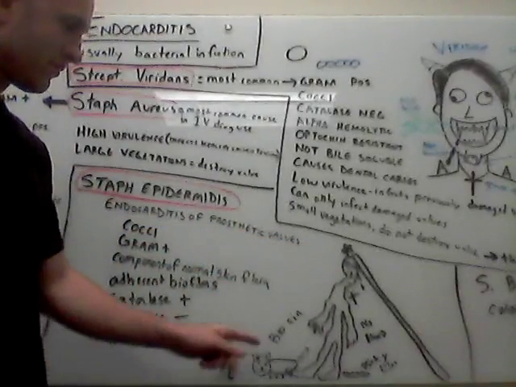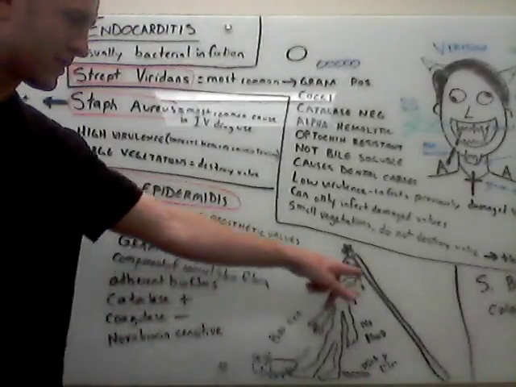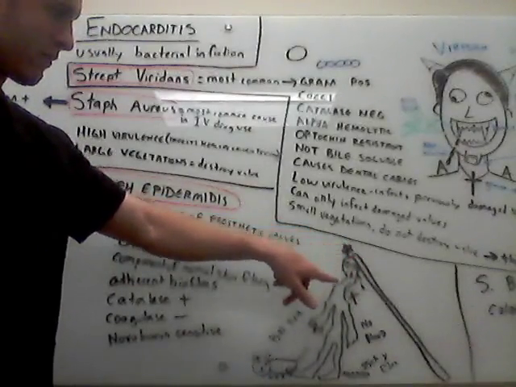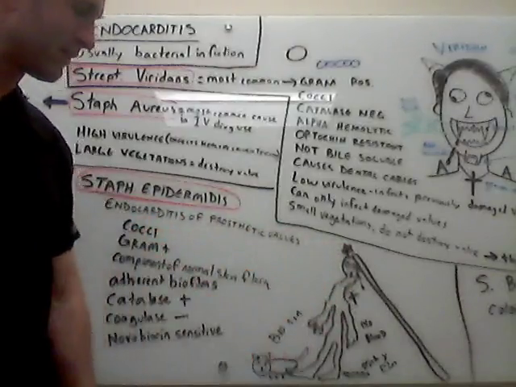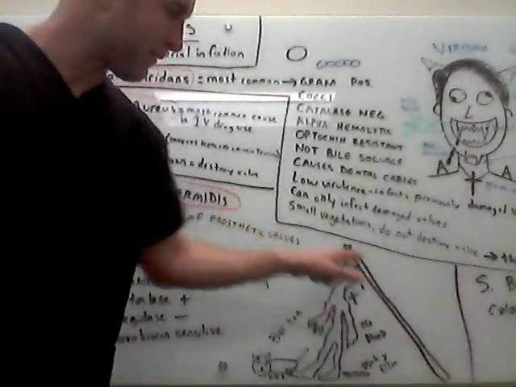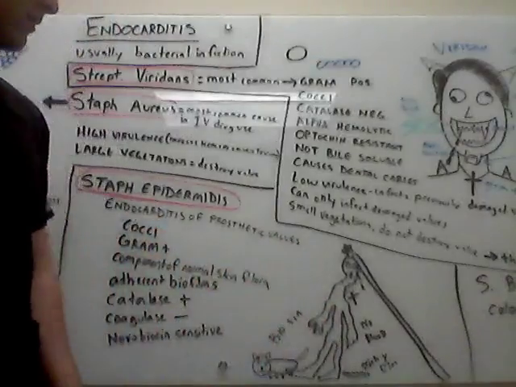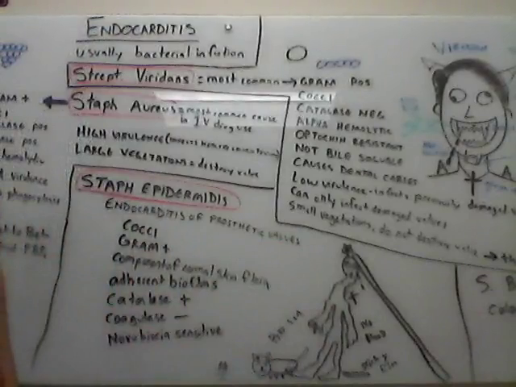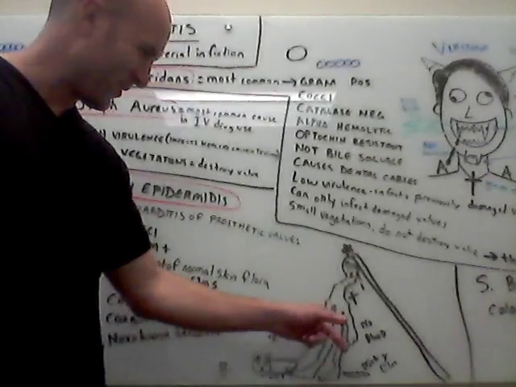And so yeah, we got the catalase positive, the novobiocin sensitive, cocci, his eyes are cocked, normal flora, he's got a flower on his head, he's got a cross around his neck to help you remember it's gram-positive, and staph epidermidis, so staph epidermis man. And he doesn't have any blood at all. He just has a sticky biofilm. Okay, so there it is.